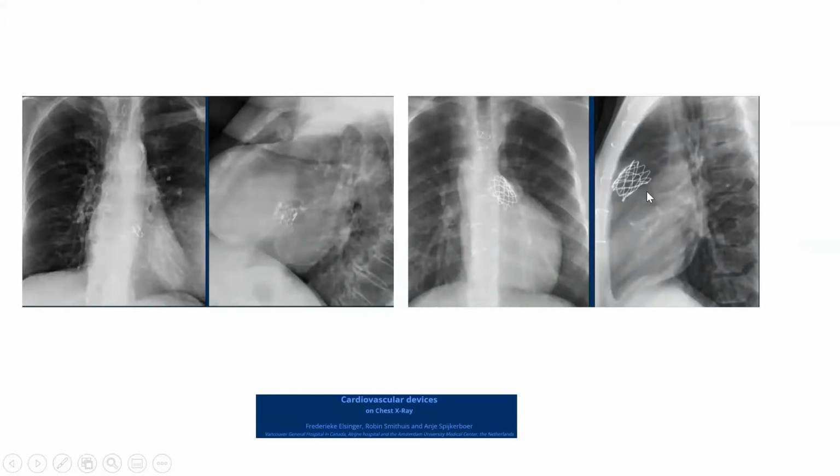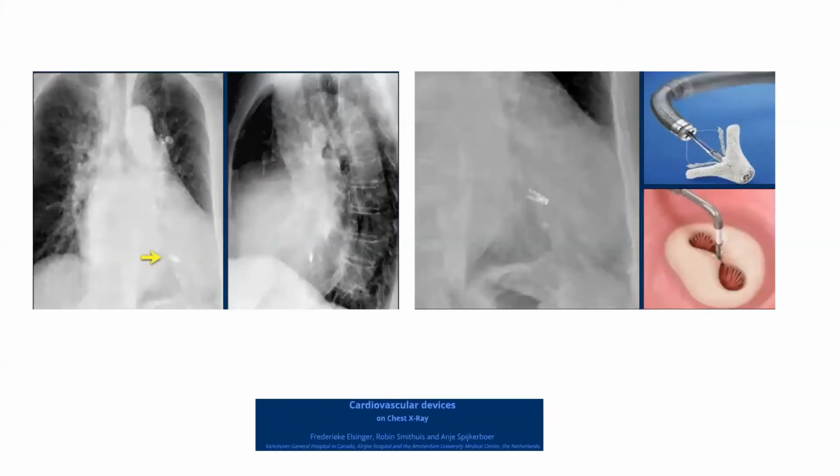You see, the location is quite different. So the pulmonary valve tends to be the most superior valve in the PA and lateral in comparison to the aortic valve. This is called a Melody valve. It's also implanted percutaneously, just like TAVI. Good. Now, what is this?